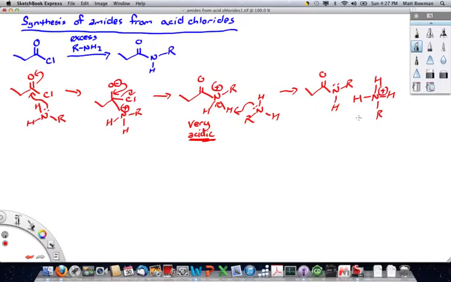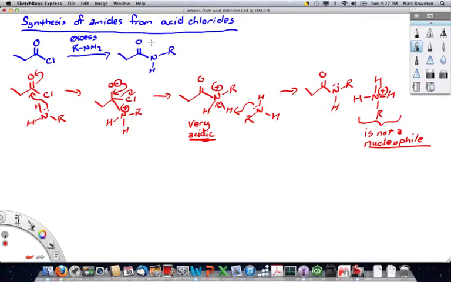This is not a nucleophile. It's not even a weak nucleophile. It's not a nucleophile, period, because you no longer have the lone pair that you need. So that's why you need an excess to drive this reaction to completion.